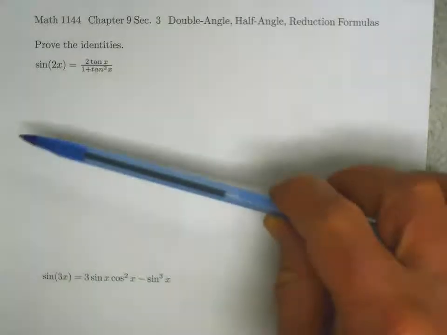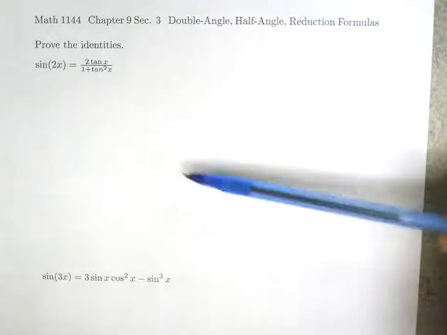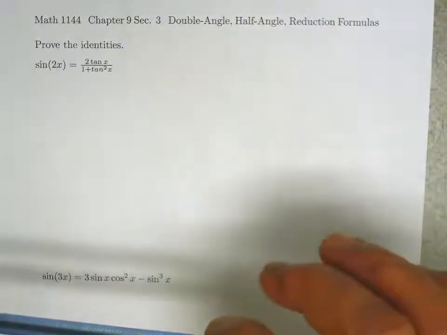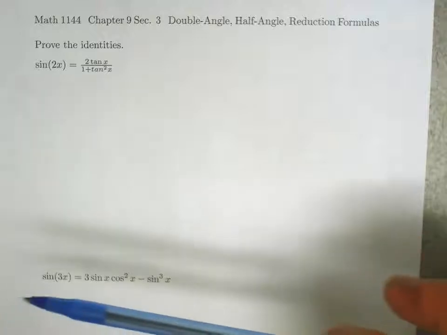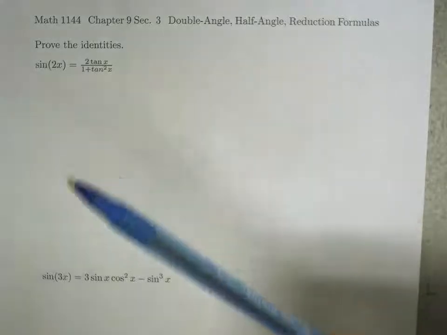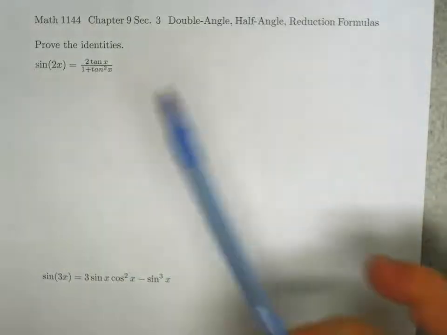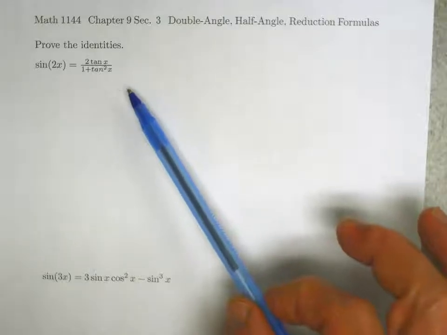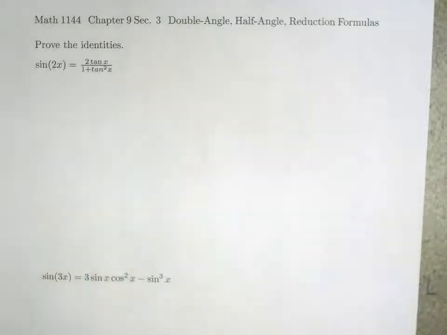Another method is to work on both sides simultaneously until the left-hand side is equal to the right-hand side. Oftentimes, it's easier to start with the more complicated side to see if you can simplify it to the less complicated side.